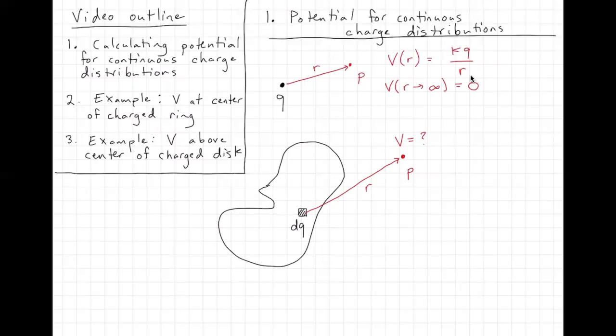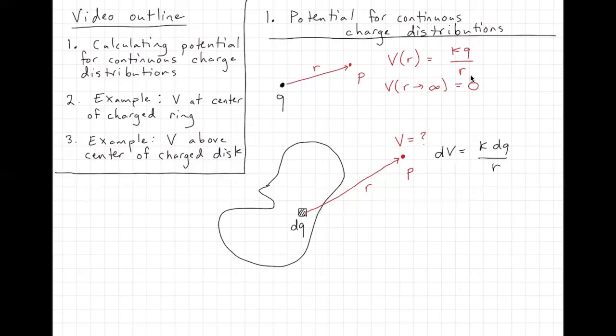And if I do that, then I can say that the little bit of potential that's contributed by this little bit of dq, dV, is k times dq over r. So I just treat that infinitesimal bit of charge as a point charge.